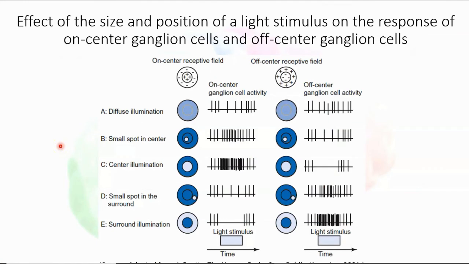The size and position of a light stimulus will affect the response of on-center ganglion cells and off-center ganglion cells.